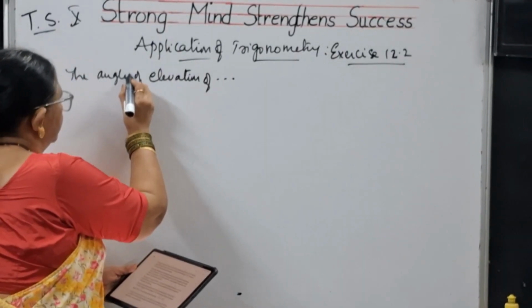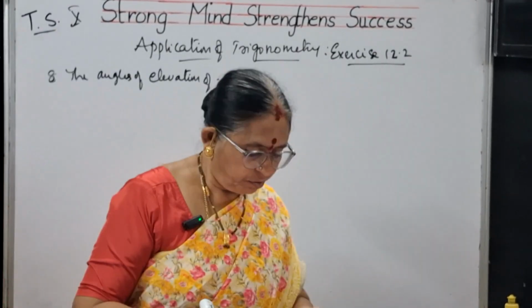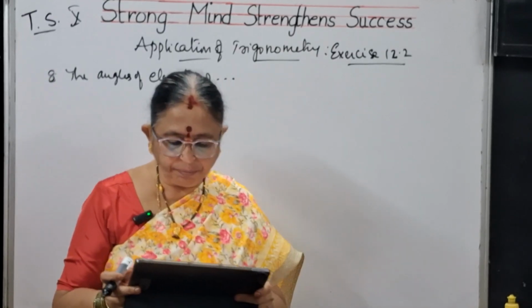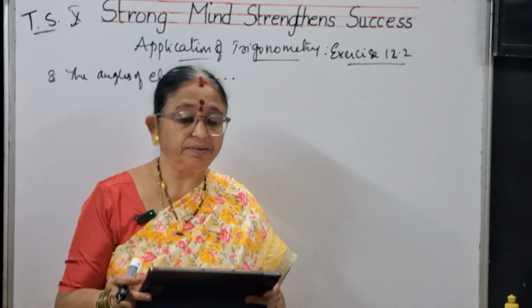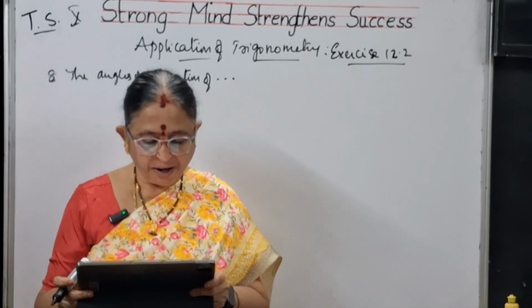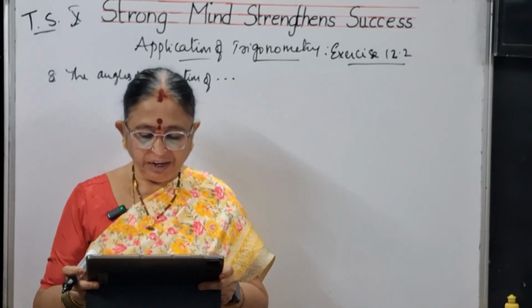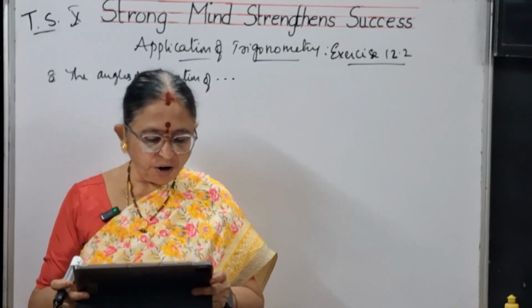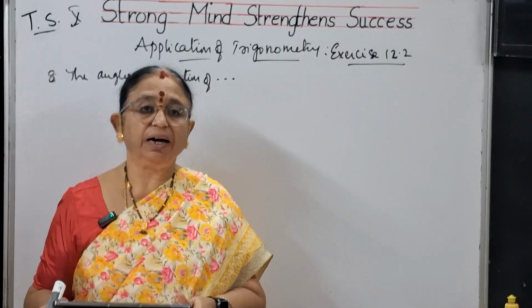The angles of elevation of the top of a tower from 2 points at a distance of 4 meters and 9 meters from the base of the tower and in the same straight line with it are complementary. Find the height of the tower.